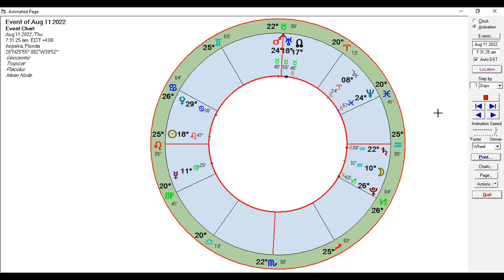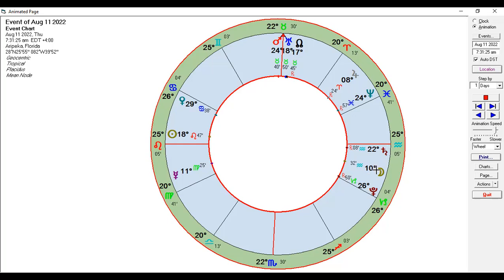First of all, down here, it's got to go meet up with Pluto, go over Pluto, and then it's got to oppose Venus. And then it does its opposition to the sun, and then it has to go over Saturn.